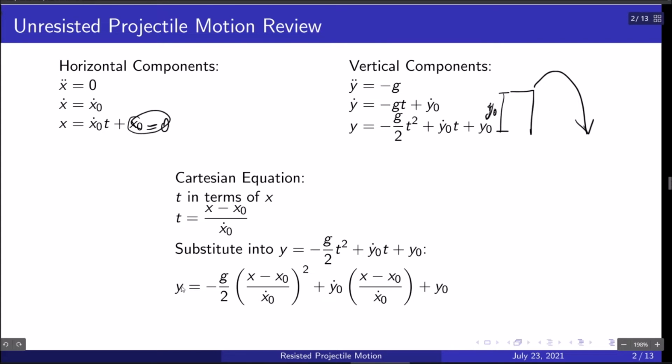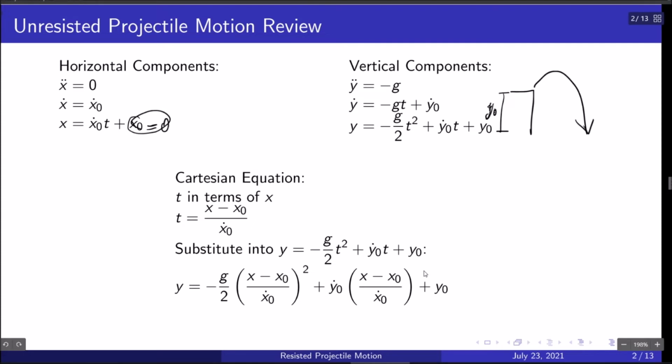So this is the Cartesian equation showing the relationship between the y displacement and the x displacement. And if you plot the whole thing, you will end up with the actual trajectory of the object. So here is basically the unresisted projectile motion.